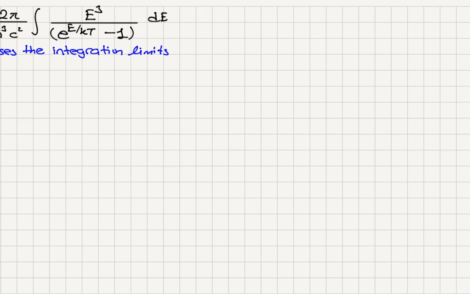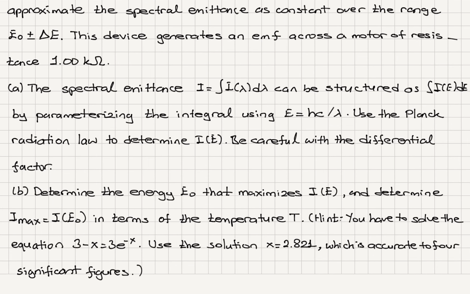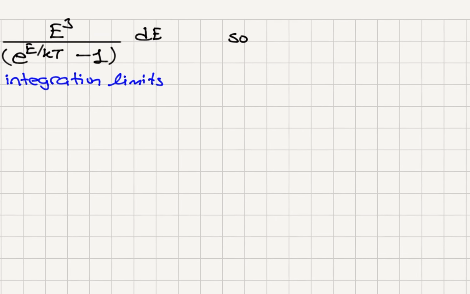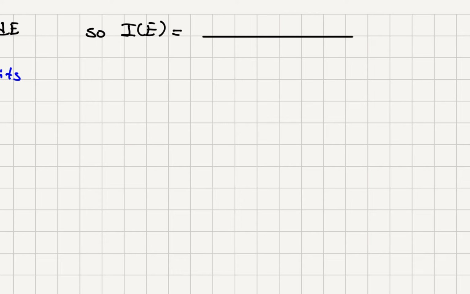So we have obtained for the spectral emittance the intensity as a function of energy E. That's what we were trying to find, to determine I as a function of E. So we can now read this I as a function of E in the integration: 2 pi E cubed divided by h cubed c squared, exponential energy divided by kT minus 1.